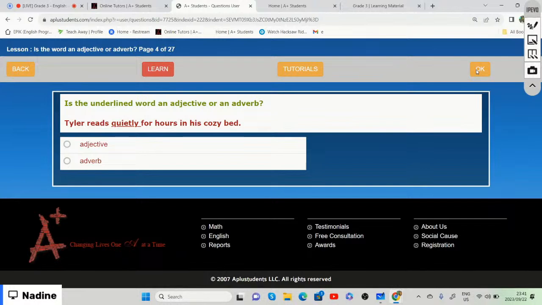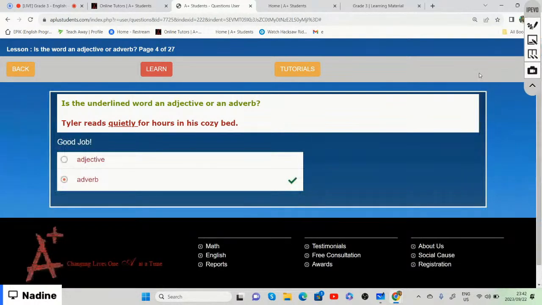Quietly reads, which means this is telling us how he reads, which means that this is an adverb. It tells us how he reads.